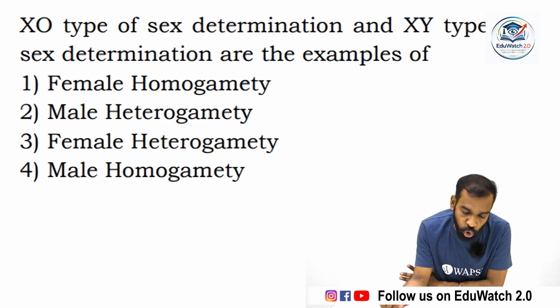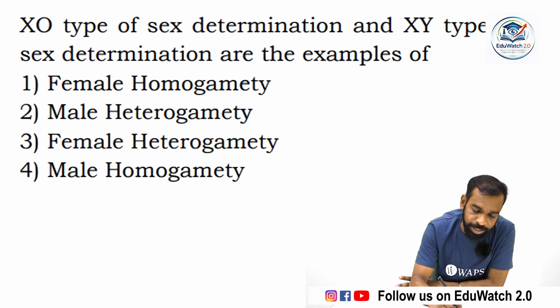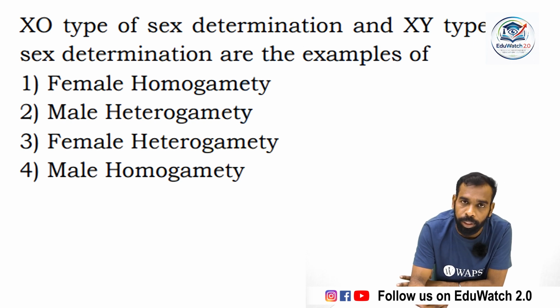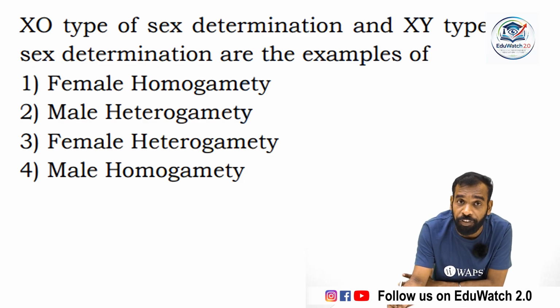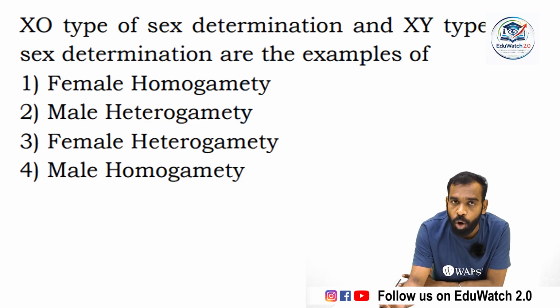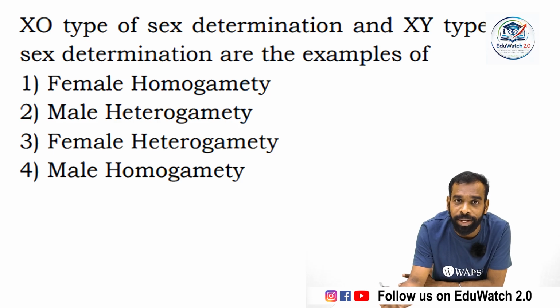Get me? So XY means that it is hetero. X and Y. XX is homotype. XY is hetero, different. One chromosome is X and another chromosome is Y. That is male heterogamety.